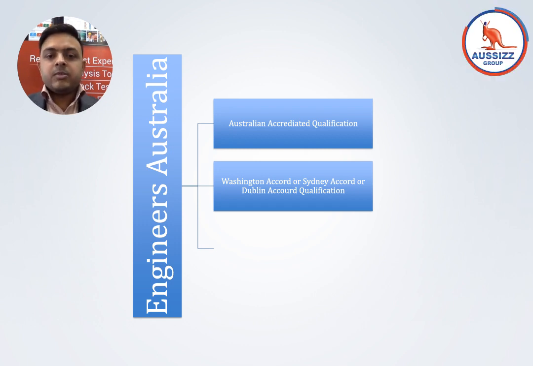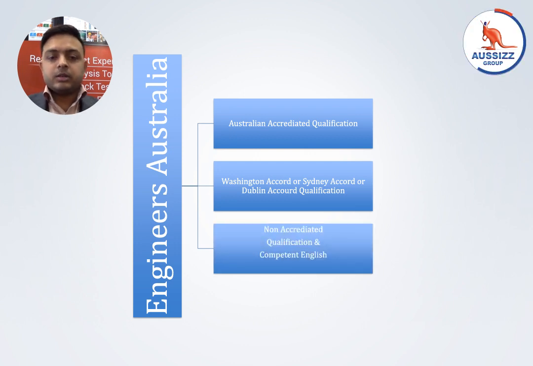Again, it's the same as the Australian qualification pathway: if your degree is accredited only for certain subjects, you can only apply for that occupation. If you do wish to apply for another assessment, then you will need to choose the third pathway, which is non-accredited qualification.